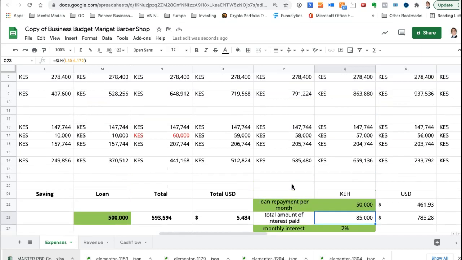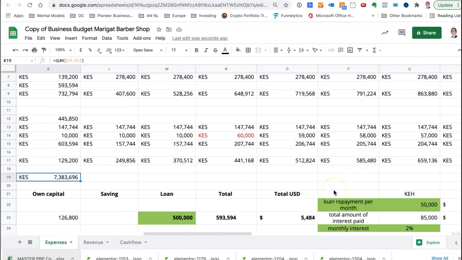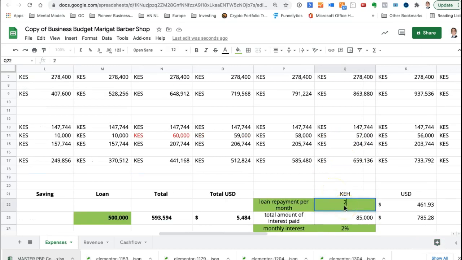But here you can see as well how this will affect the cash flow. In this case, it will not affect it too much, because this looks like a very profitable business based on the sales projections. Let's say we have 250,000 every month, you still see it's profitable. If you do 400,000, it's still profitable, so in this case it's okay.